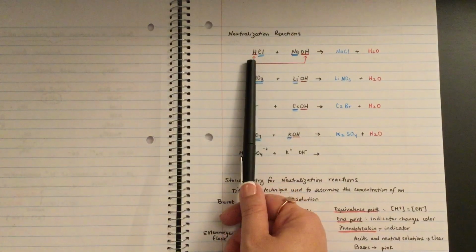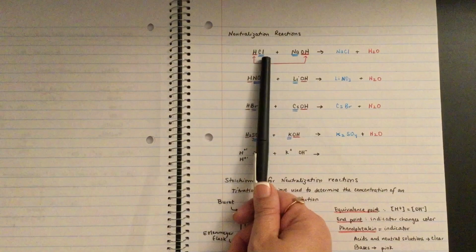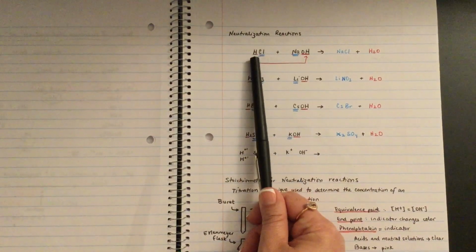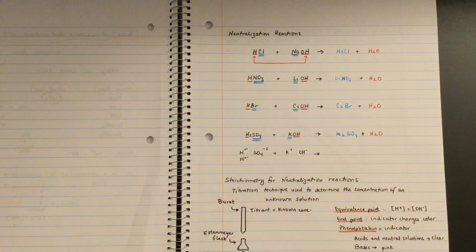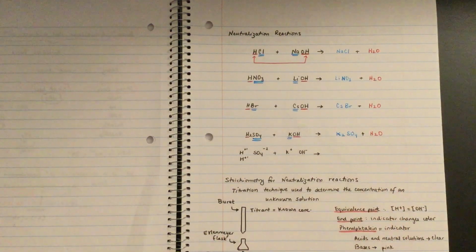My positive on the acid is going to be the H. H plus, Cl minus, Na plus 1, OH minus 1. So my positive combines with the negative of the base. H and OH, that is 2 H's, 1 oxygen, that's H2O, which is the water that I'm writing right here.